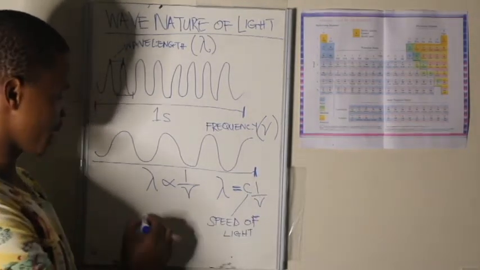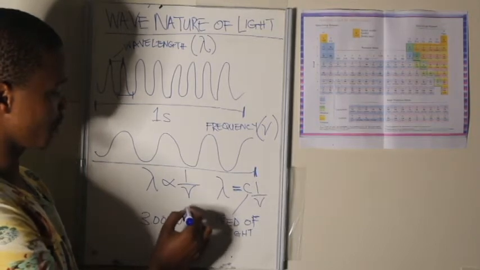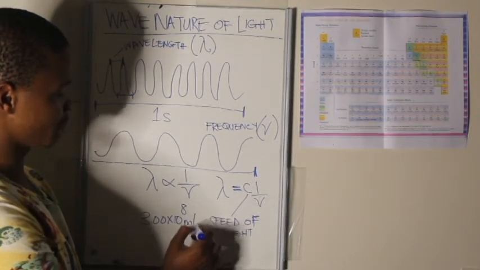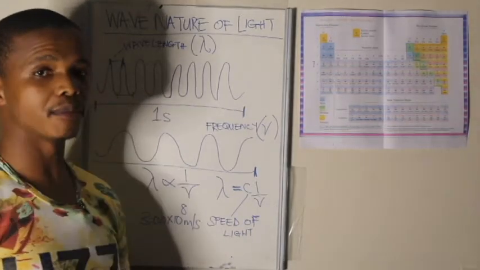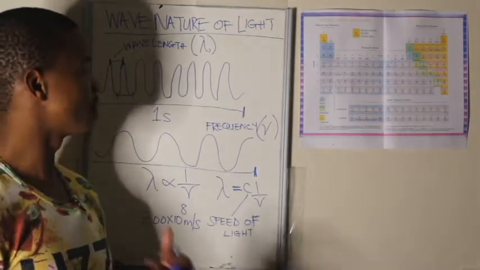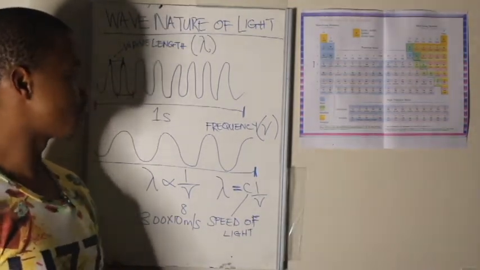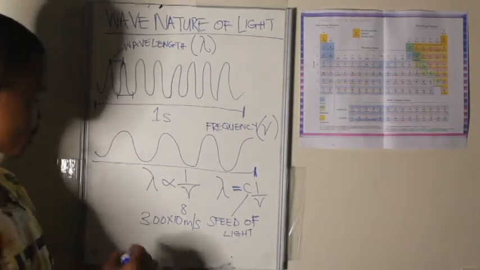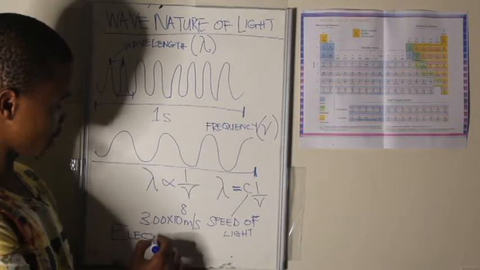Now the speed of light here would be 3 times 10 to the power 8 meters per second. Now, how does this help us? If we say light consists of oscillations in the electric and magnetic fields, so light forms what is called electromagnetic radiation.